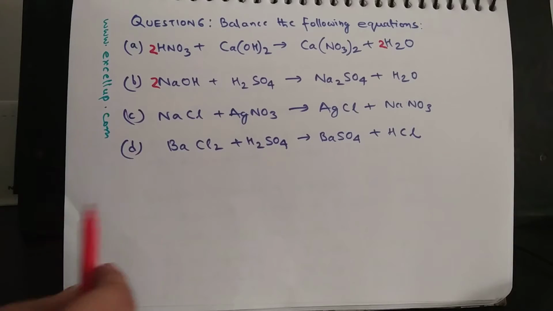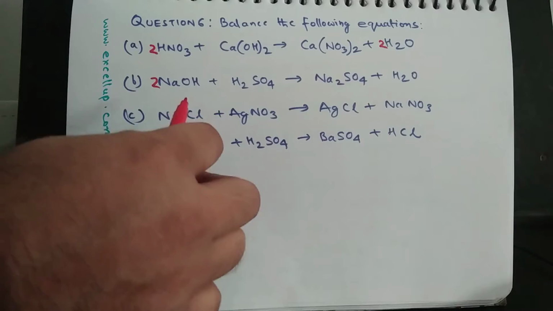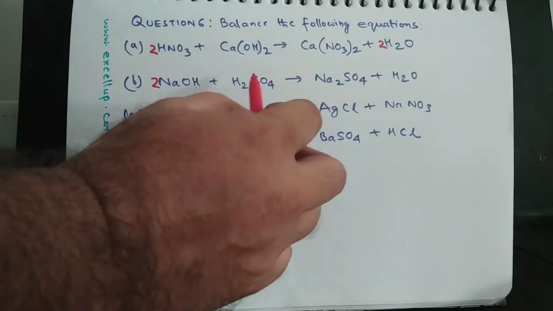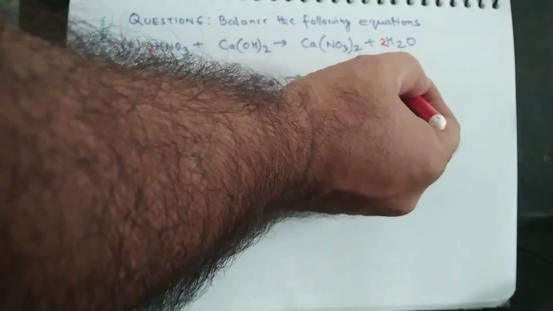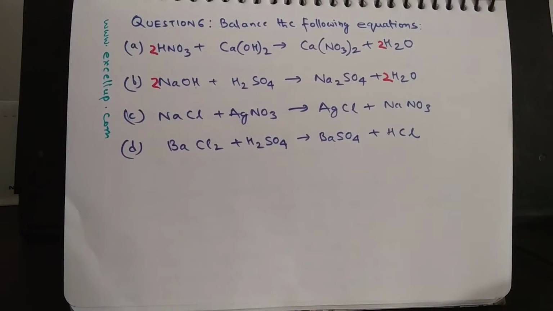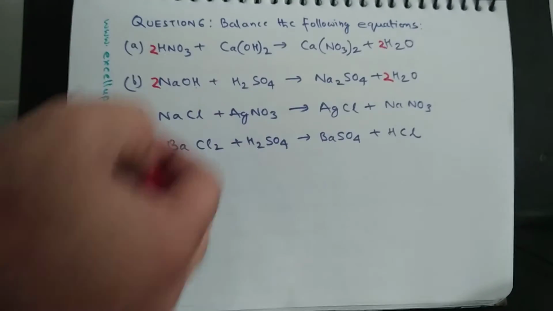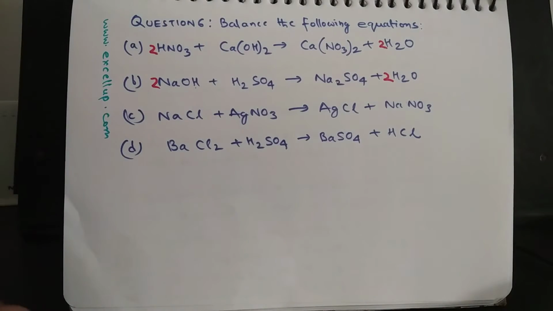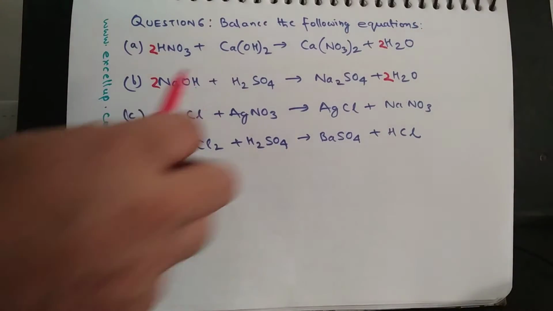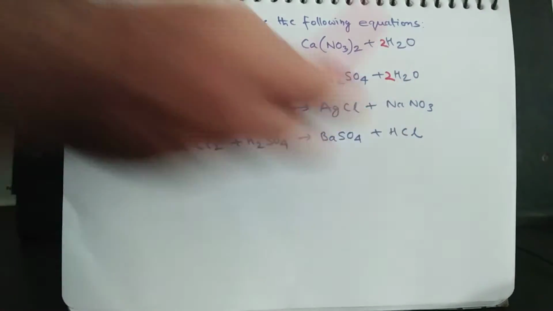Now we have 2 atoms of sodium, here are 2 atoms of oxygen and 2 plus 2 atoms of hydrogen. So, in order to balance them, we will write 2 over here. Now here are 4 atoms of hydrogen. Now it is balanced, 2 atoms of oxygen balanced, 2 atoms of sodium balanced and 1 sulfate radical. So, all are balanced now. The final answer is 2NaOH plus H2SO4 is equal to Na2SO4 plus 2H2O.